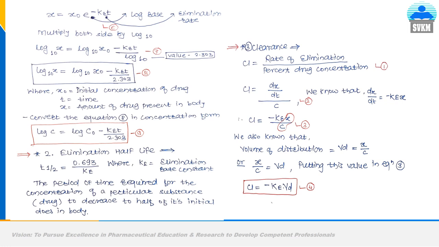You will get the final equation, that is clearance is equal to minus Ke Vd. That's it. That is the final equation to determine clearance, the third pharmacokinetic parameter utilized for IV bolus.